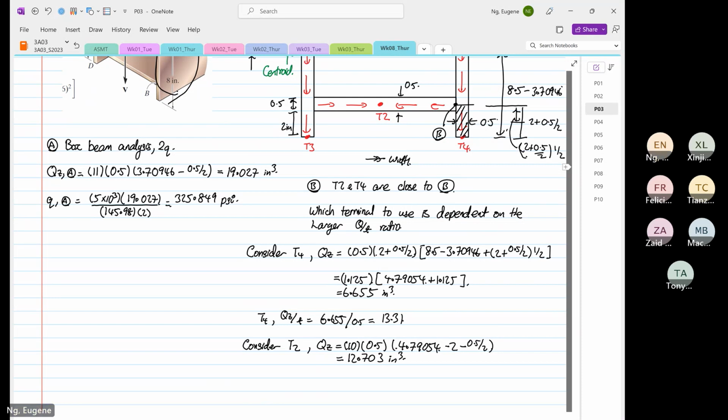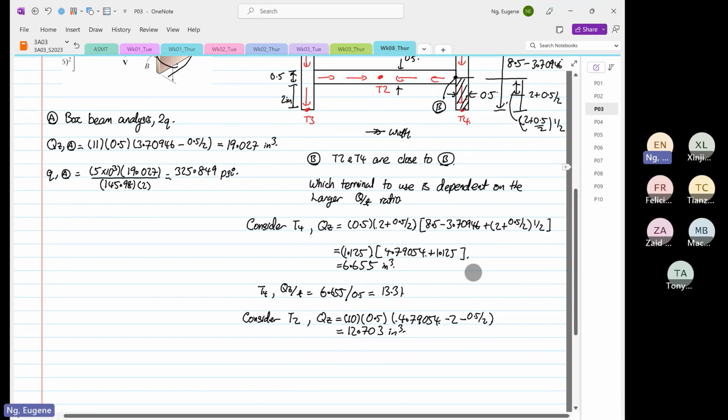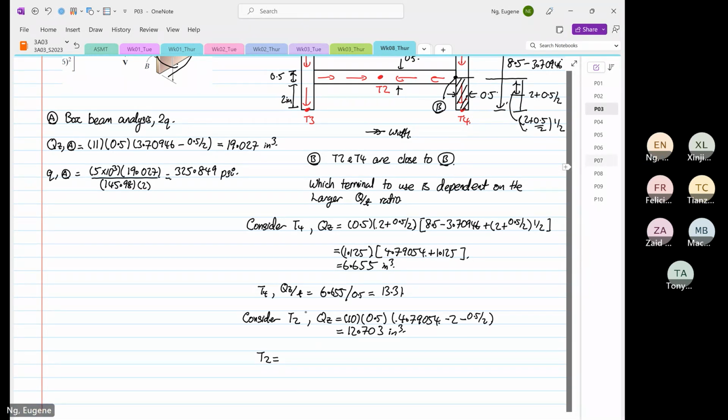Wait, let me do it. 4.79. Okay, it's correct. So now T2 is equal to QZ divided by the thickness, right?